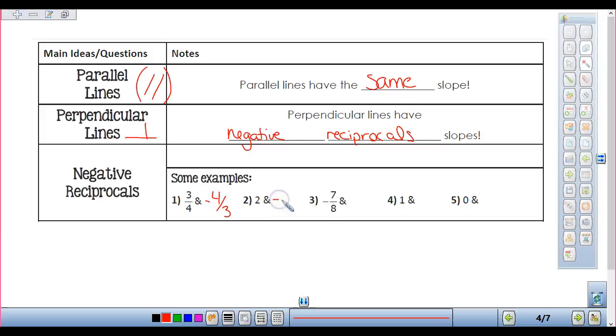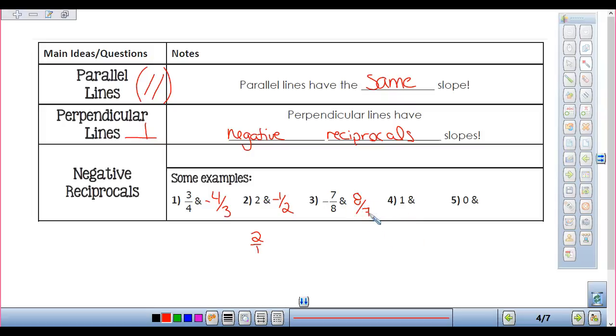Negative what? 2. No, time out. 2 is the same as 2 over what? 1. So if I flip that, it's negative 1/2. Okay, so be careful with that. So negative 7/8 would turn into positive 8/7.